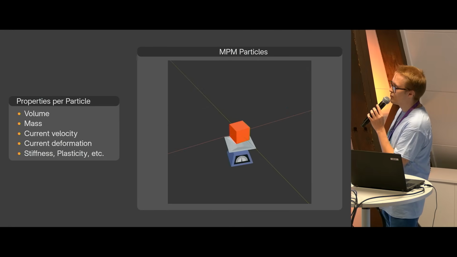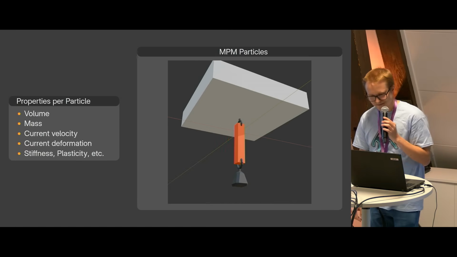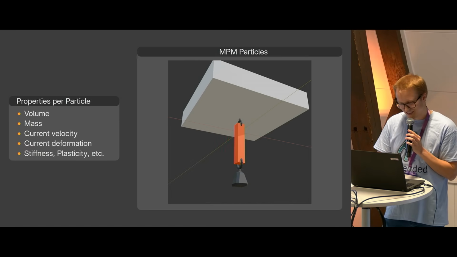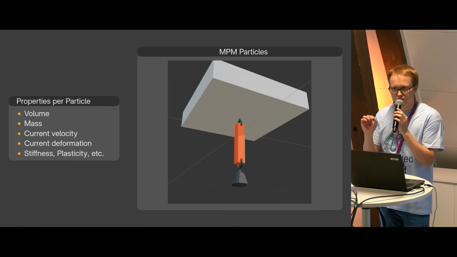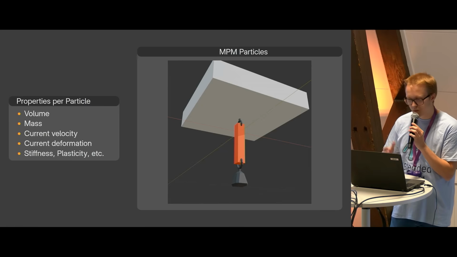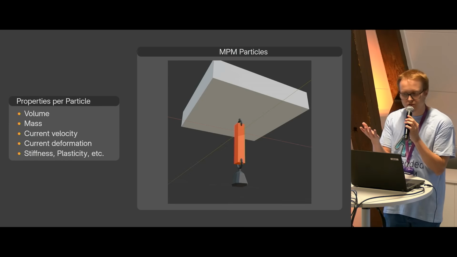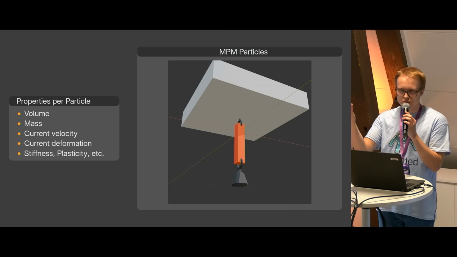So we have volume, mass, velocity, deformation. Note that we do not have any explicit connections between these particles. It's not like a volume mesh in FEM. And the material doesn't have to be homogeneous either. So you can have a coconut, for example, with a hard shell and a liquid interior.